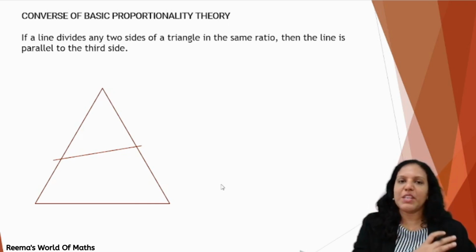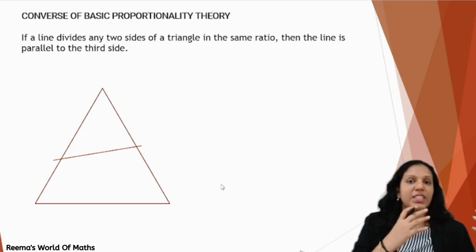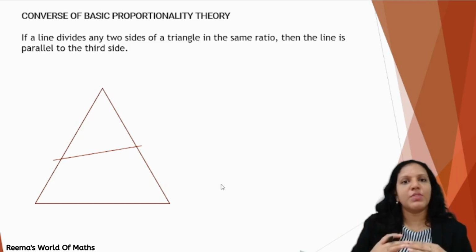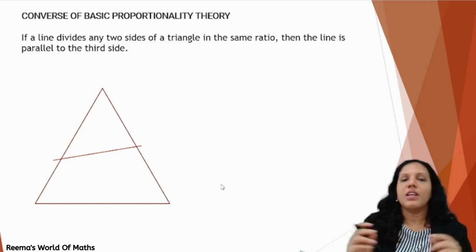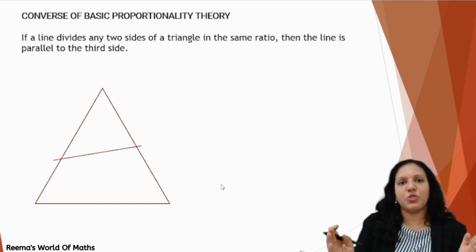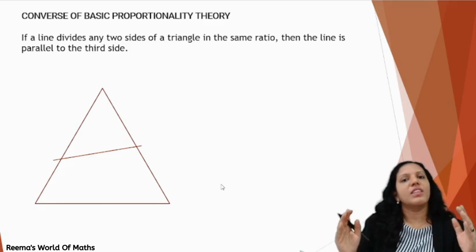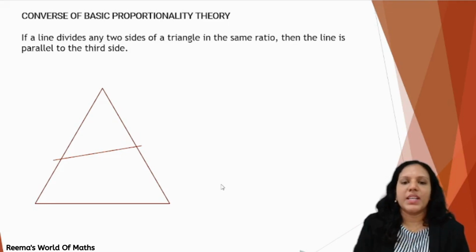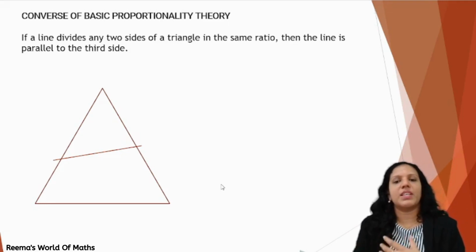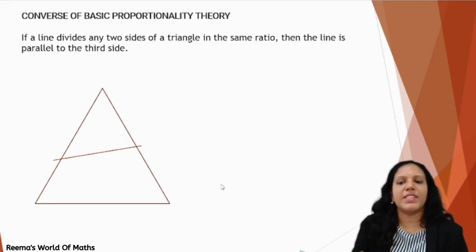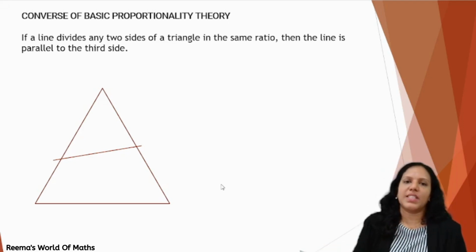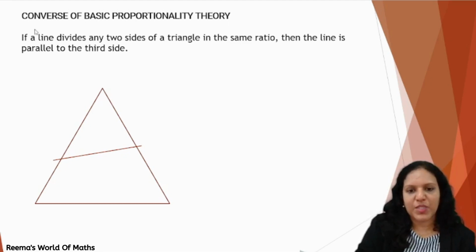The basic proportionality theorem says that if we draw a line parallel to one side of a triangle, intersecting the other two sides at distinct points, the two sides are divided in equal ratio. But the converse says that if a line divides any two sides of the triangle in the same ratio, then the line is parallel to the third side.